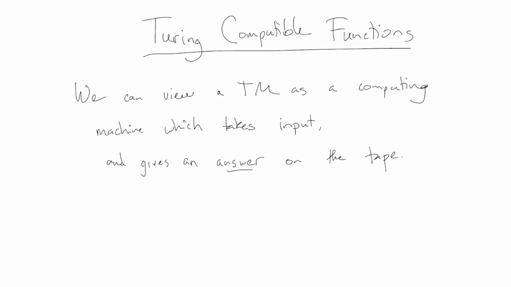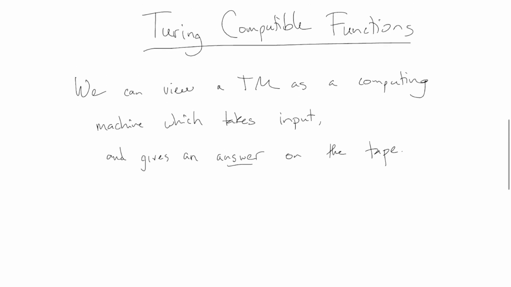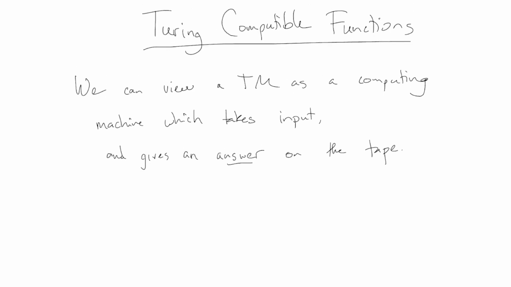In this context, we're not going to talk about accepting or rejecting. We're going to talk about sticking a string on the tape and then running the machine, and then the machine will stop with some other string on the tape, and that will be the answer. So this is viewing the Turing machine as a computer which takes a certain input and gives you back a certain output.